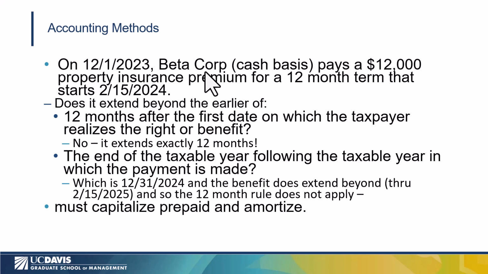As a result, you must capitalize and prepay and then amortize the entire $12,000. Okay, you're not allowed to deduct the amount that does fit within the 12 months. No. All of it has to be prepaid and amortized.